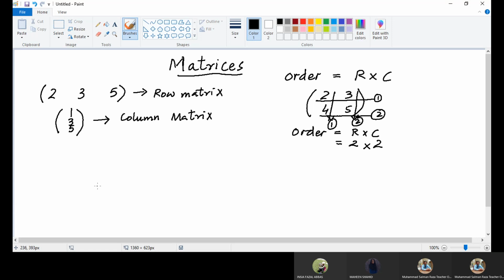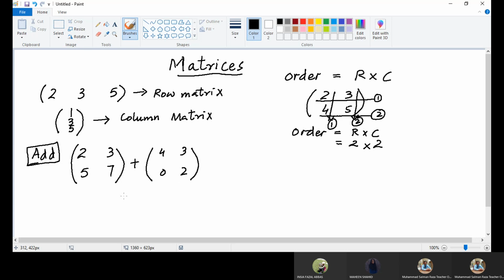Next thing is how to apply the operations on them. In order to add the matrix, we need to follow the rule. If the first matrix says 2, 3, 5, and 7, and we are going to add it to 4, 3, 0, 2, then in addition it is compulsory that the number of rows and the number of columns be the same in both the brackets.